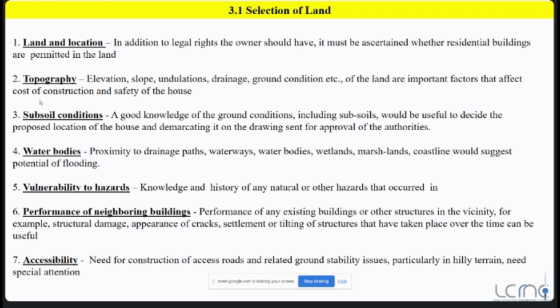Using a borehole only, you can have a clear idea about the subsoil condition: what is the soil type, whether it is silt, clay, peat, or whatever the condition. Then through that information, you can have an idea about the bearing capacity of the soil.